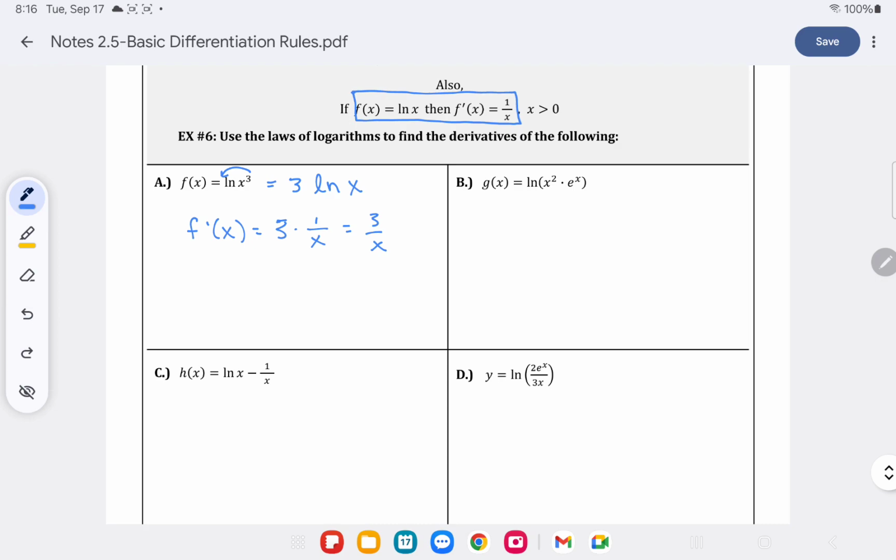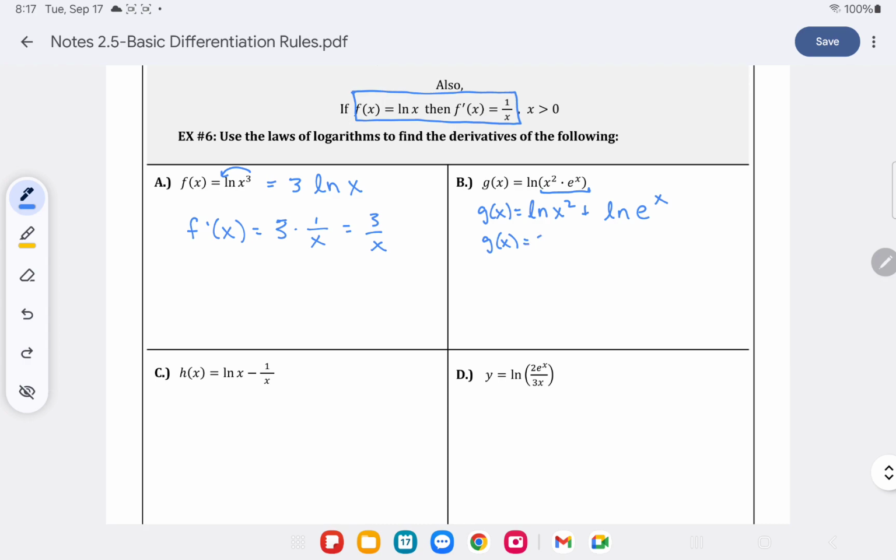So using those log rules again on this next one, one of our log properties, I should say, is if we're taking the log of a product, we can use the product rule, which says that this is the same thing as ln of x squared plus ln of e to the x. I'm just simplifying g. I'm not taking the derivative yet.